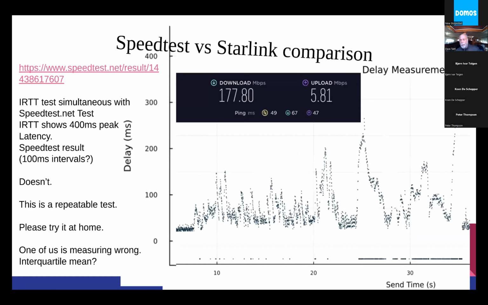But simultaneously with that test, I was running another tool I use called IRTT, sampling on a 10 millisecond interval. And the actual behavior of this link, according to my methodology, peaked at over 400 milliseconds of latency, which is completely unusable for any metaverse application. One of us is doing this wrong. Please validate all your benchmarks and your methodologies.